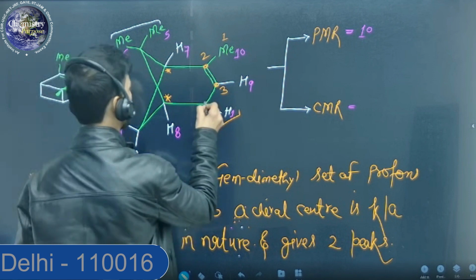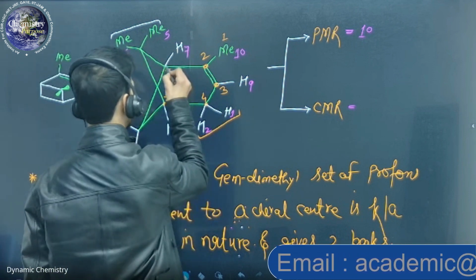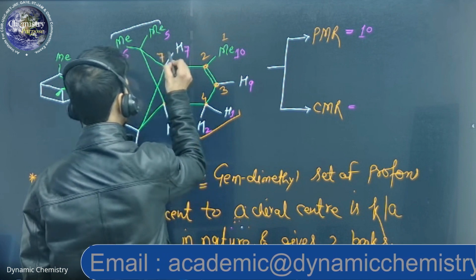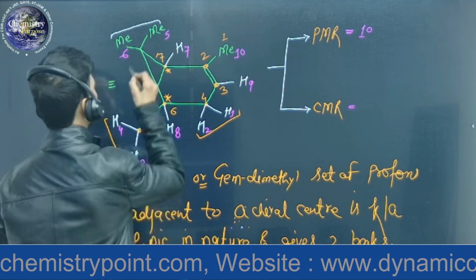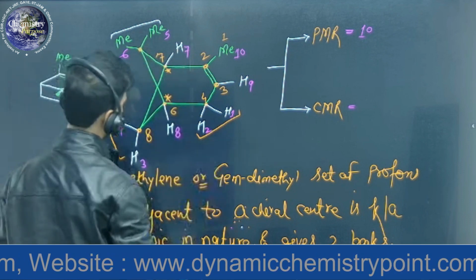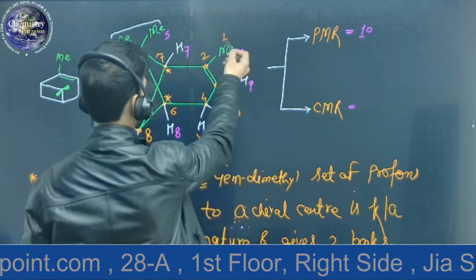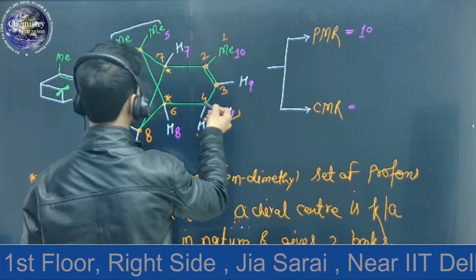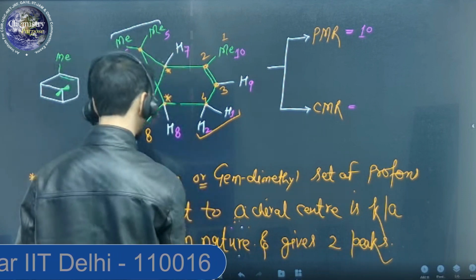Then what about 4, 6, and 7? All are different. Then 8. This one is the 5.